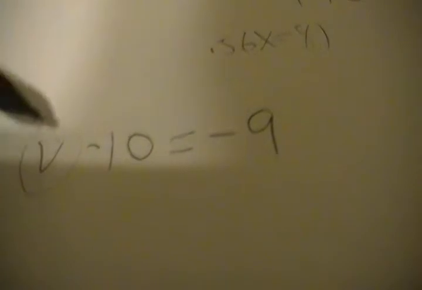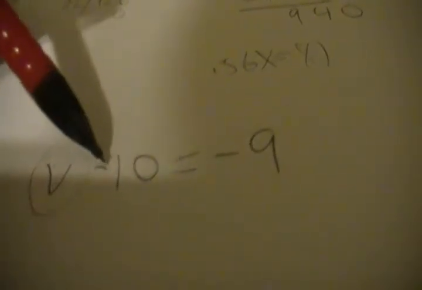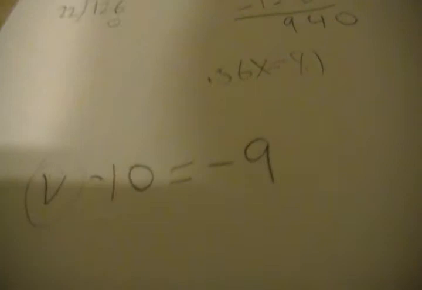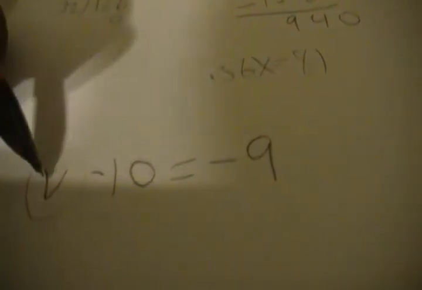If you look at this equation, we have v, which is a variable. Do we have any variables over here? No, we do not. But on this side, we have a number, which is minus 10. So to solve for v, we need to get rid of this 10 and bring it over here.